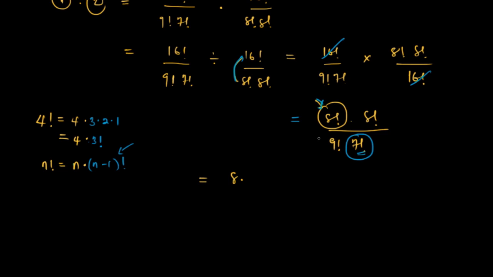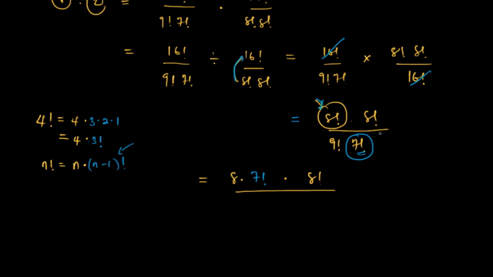So instead of 8 factorial, I'm going to write 8 times 7 factorial, then times, I'm going to leave this the way it is, 8 factorial. Now divided by 9 factorial.